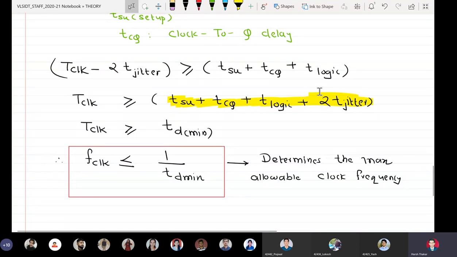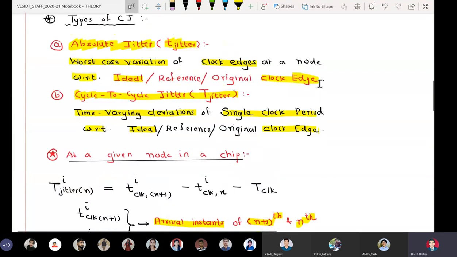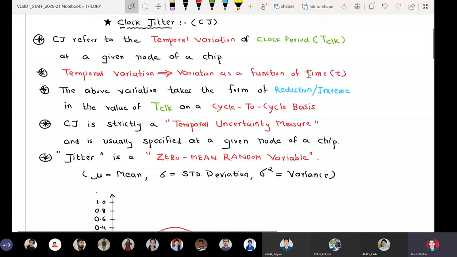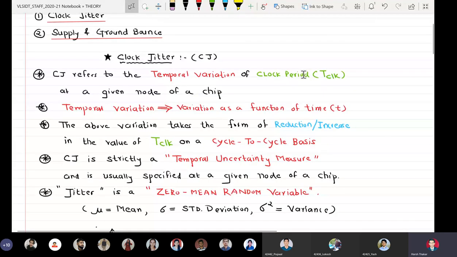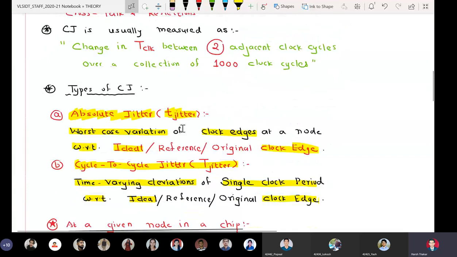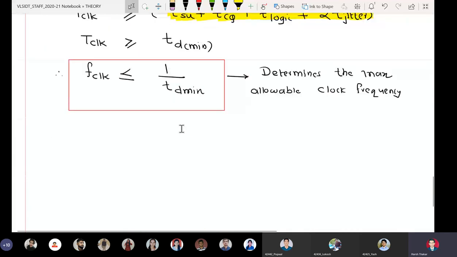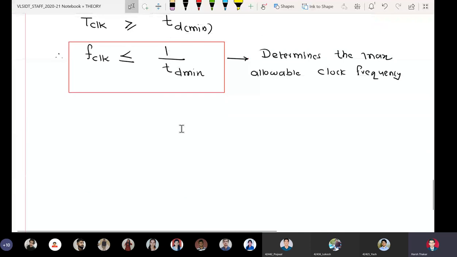The more the denominator increases, the lesser the value of FCLK. That is why we can conclude that clock jitter limits the maximum operating frequency of the clock. I hope things are very clear till now, because there is a mathematical expression to this. So this is what comprises the topic of clock jitter.